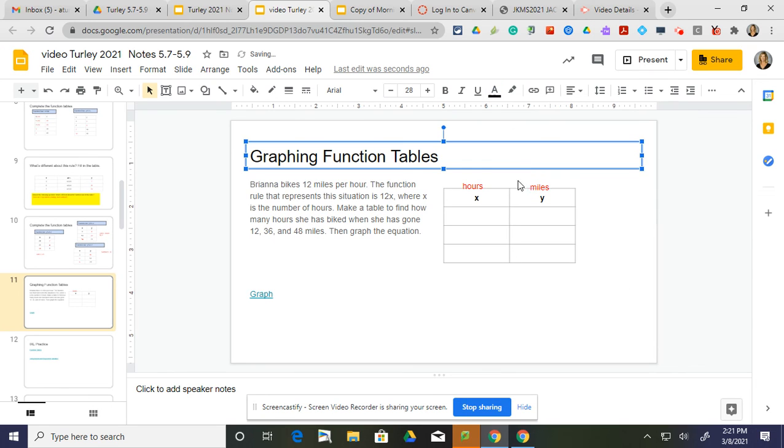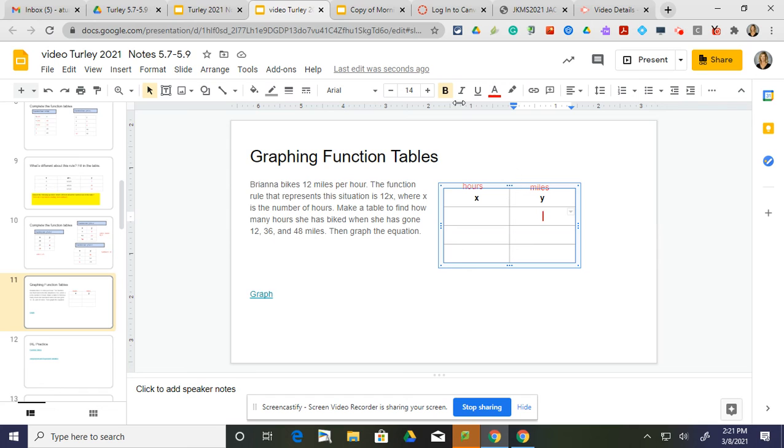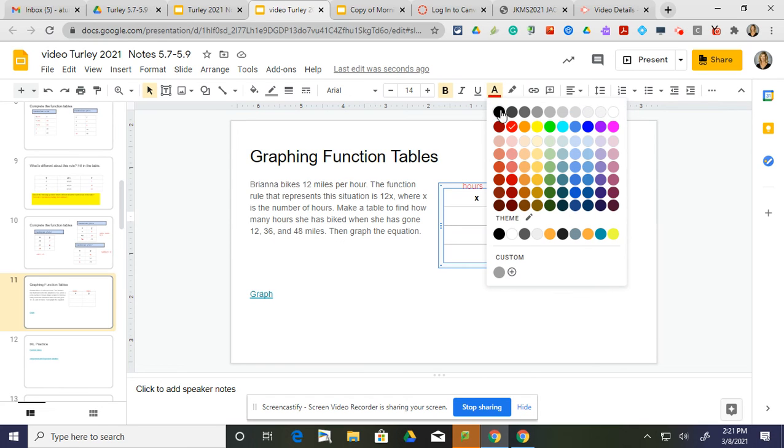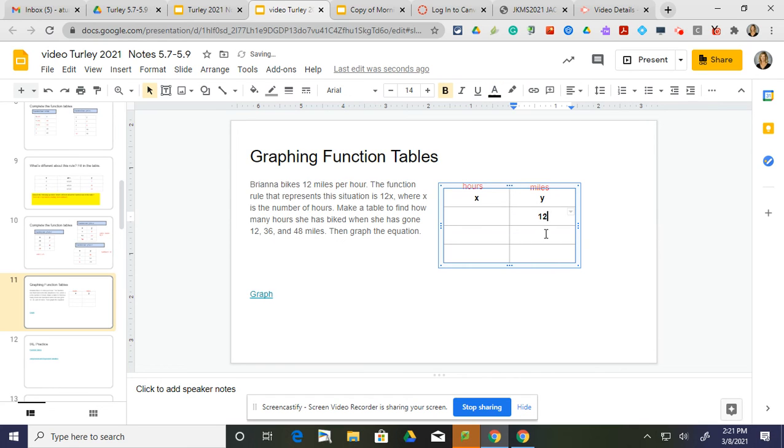So remember when we were talking about independent and dependent, the number of hours would be the independent because the miles depends on the number of hours that she bikes. And they want to know, to make a table, how many hours she's biked when she's gone 12, 36, and 48 miles.